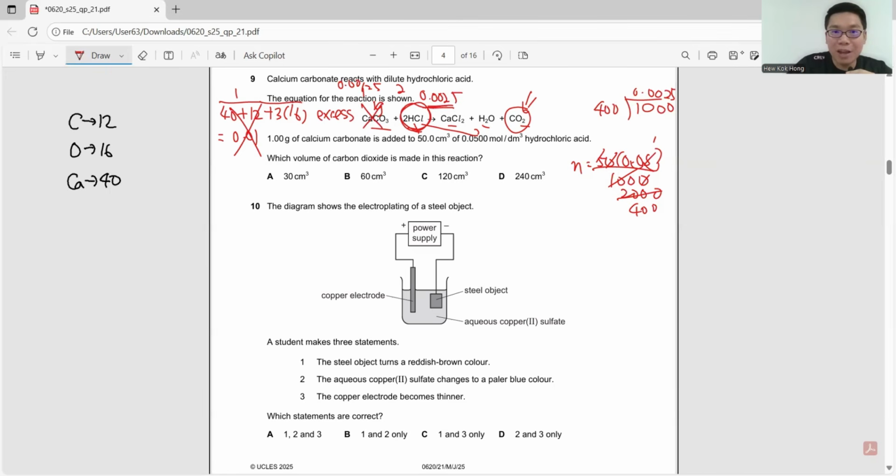The ratio of HCl and CO2 is 2 to 1. So the number of moles of CO2 is also divided by 2, which is 0.00125. We know the volume that is produced is the number of moles times 24 dm cube. So dm cube changed back to cm cube is 24,000. So the answer you get is A, 30 cm cube.